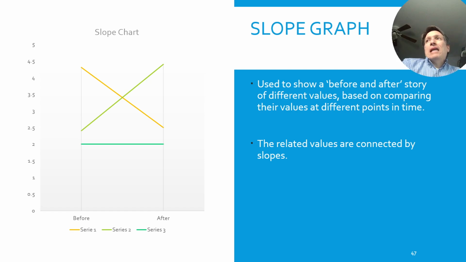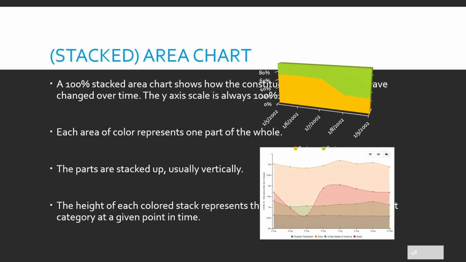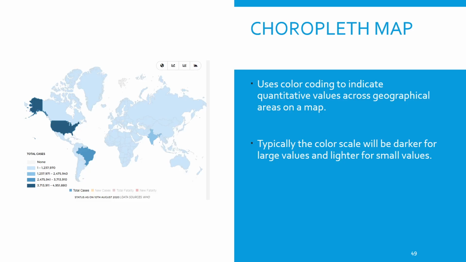We can stack areas, we can stack lines, and that's going to provide us with other type of information. Then we have the stack area chart, and we have the choropleth map, that is a map that uses different densities to represent quantities.